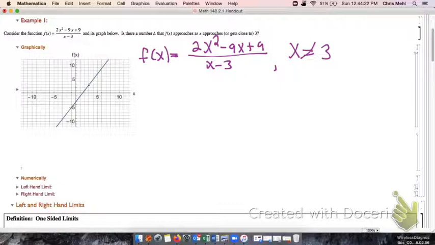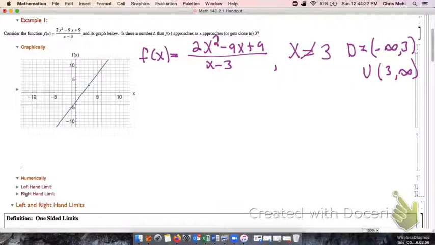Oftentimes here's how you're going to see this written in the textbook: negative infinity to 3 union 3 to infinity. That would be the interval notation for the set of all numbers excluding positive 3.